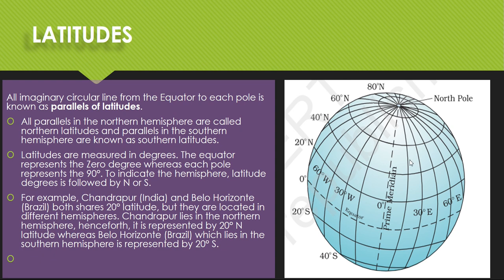Now you will see so many lines on the picture of the globe, right? What are these? All the parallel circles that you see here, from the equator up to the poles, to the North Pole and to the South Pole, they are called parallels of latitudes.